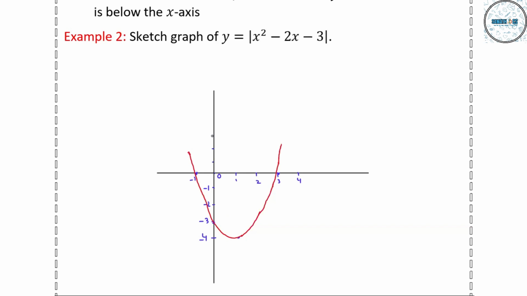So we can mark here 3 and here 4. So the y-intercept will be here, and the turning point or minimum point will now become the maximum point, and it will be at 1, comma 4. And the graph which is below the x-axis is to be reflected above the x-axis.